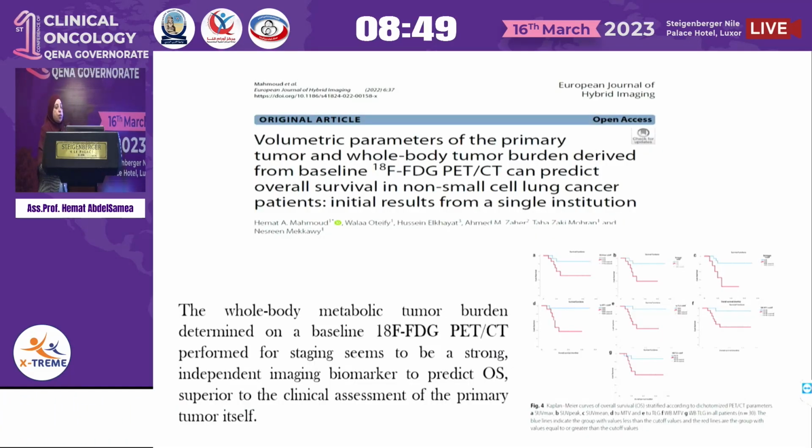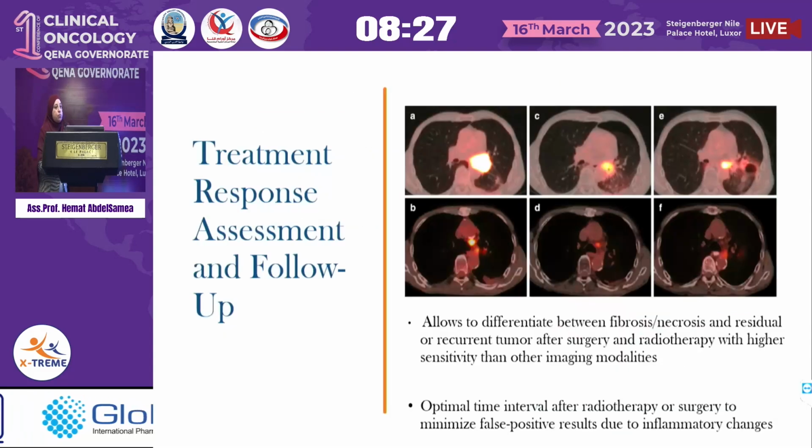This is one of our latest papers, which concluded that whole body tumor burden in terms of total metabolic tumor volume and total lesion glycolysis are more correlated with overall survival than other clinical assessment of the tumor itself.